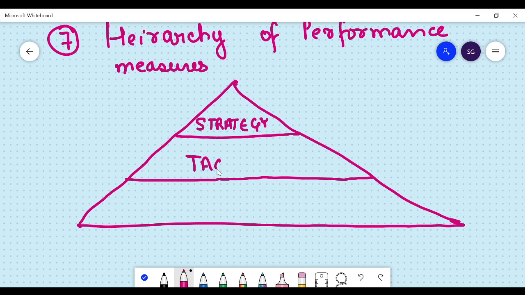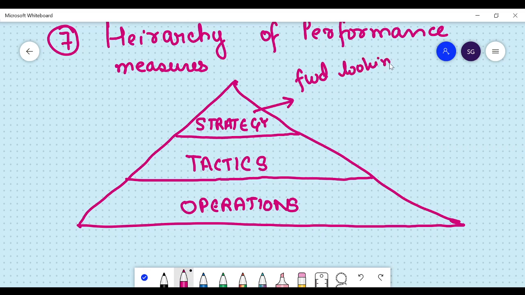Second is the tactics. And third, the biggest one, is operations. So this is the hierarchy of performance measures in an organization. So strategy includes performance measures that must be forward looking, externally focused, non financial. These are some characteristics of the performance measures.